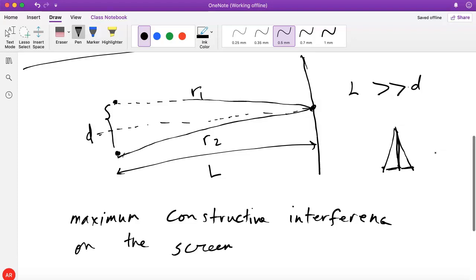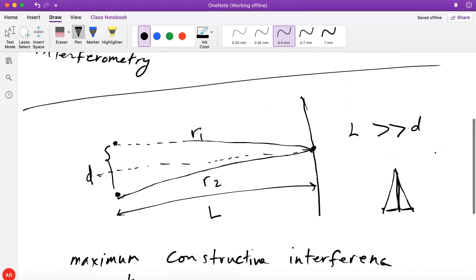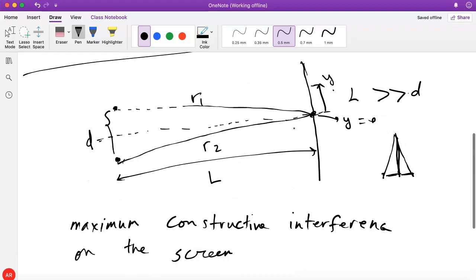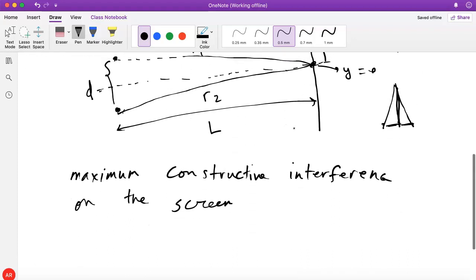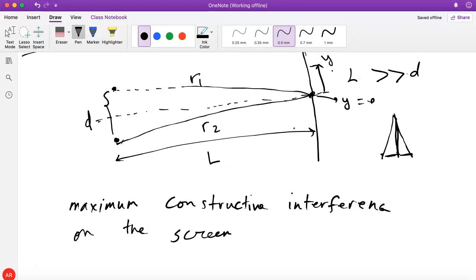So central point, let's say here we put some coordinate axis. Let's say the central point on the screen, we call it y equals 0. And then different points on the screen are labeled by this coordinate y. Now, we found one point of maximum constructive interference, one bright spot on the screen.